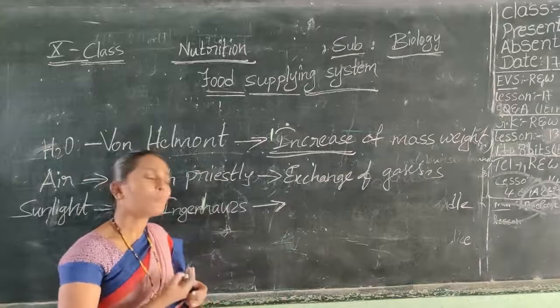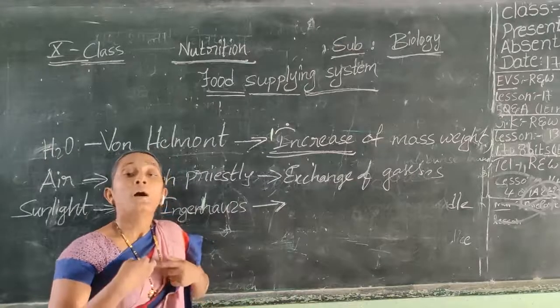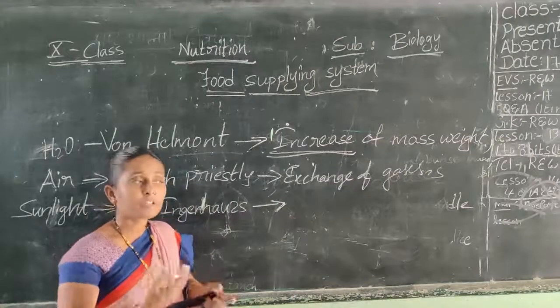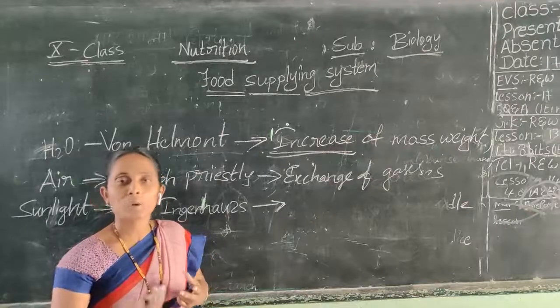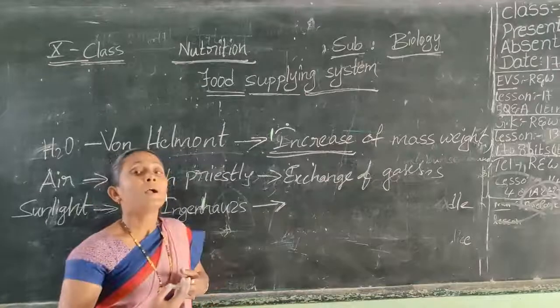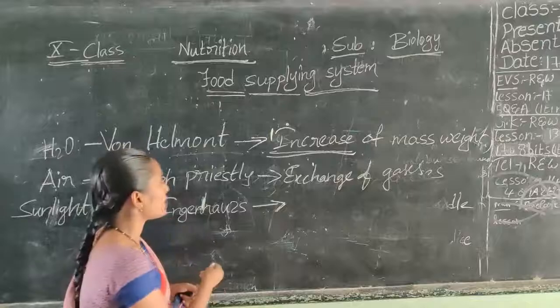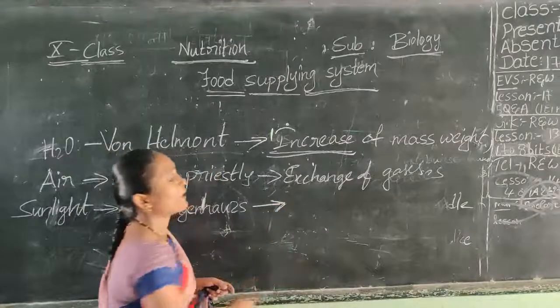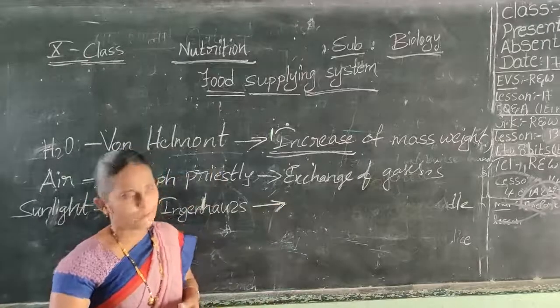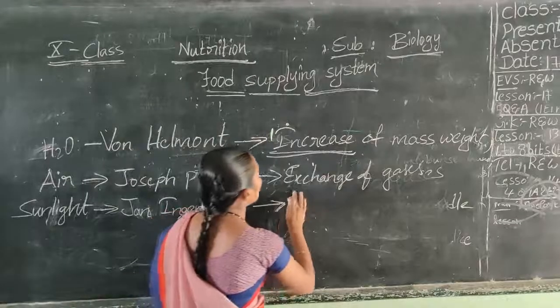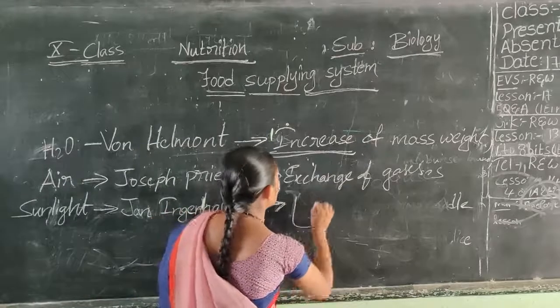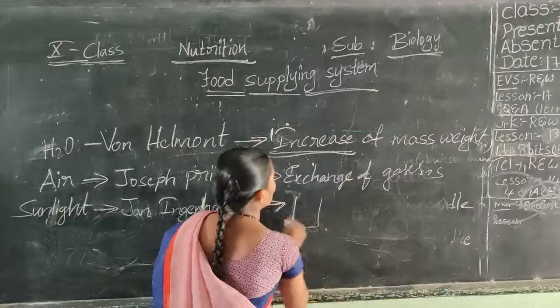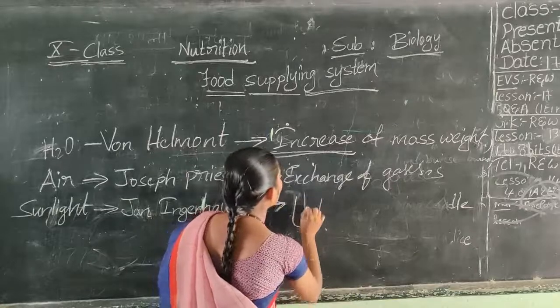So how can we prove that? When we see the experiment with our naked eyes, only then are we able to conclude from it. So here also he did an experiment using an aquatic plant. He put an aquatic plant in a jar.